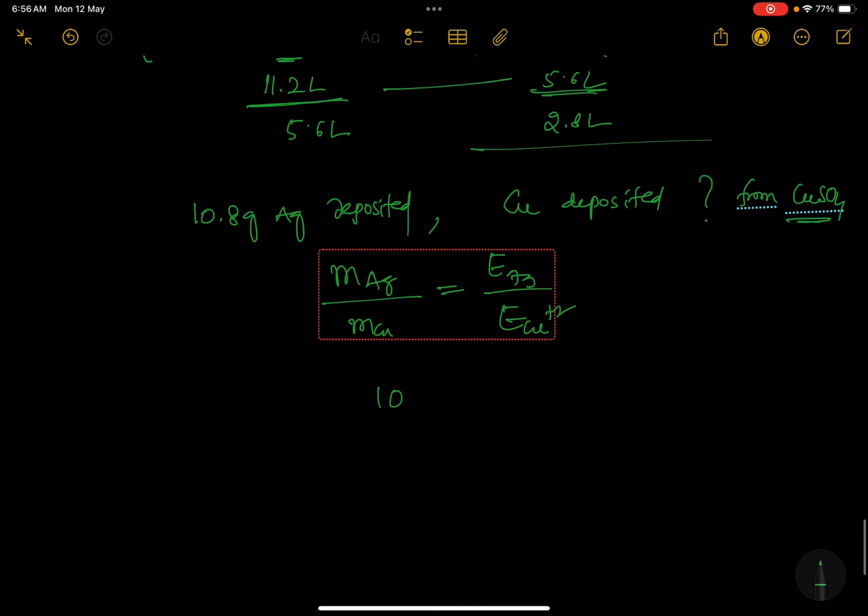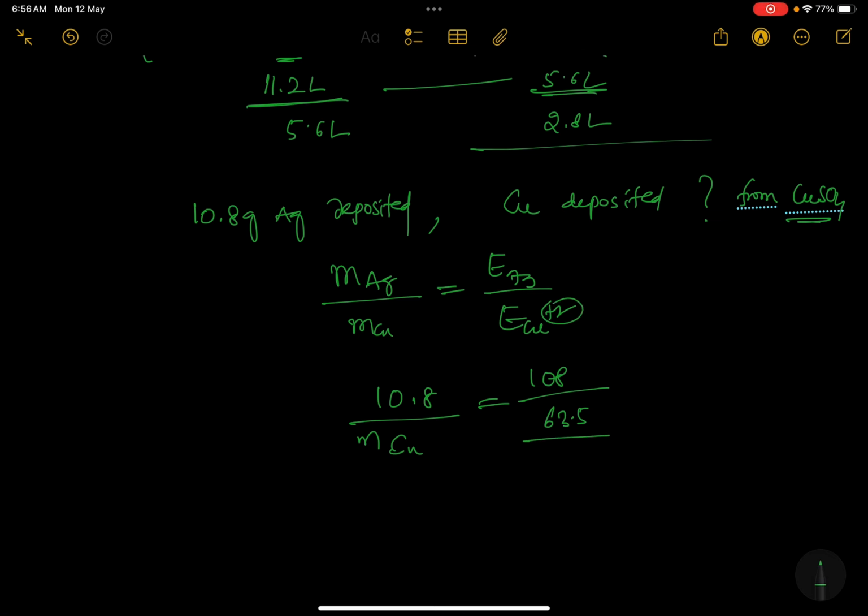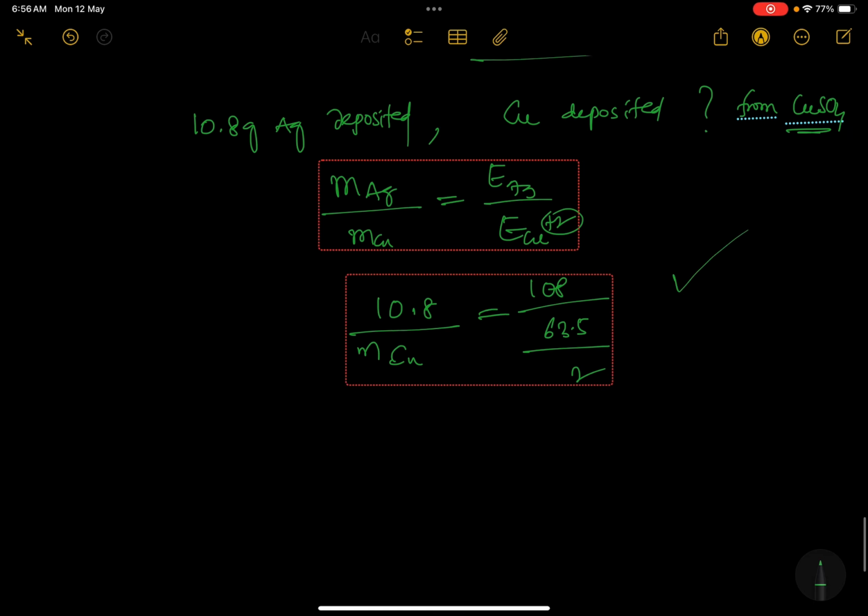Mass of silver is given as 10.8, mass of copper you need to find out. Equivalent weight of silver is 108, equivalent weight of copper is the atomic weight 63.5 with charge +2, so 63.5 by 2. You can do that, right? Such kinds of calculations you need to do.